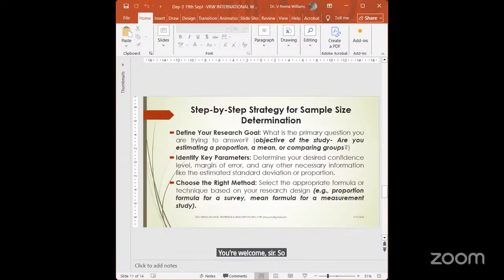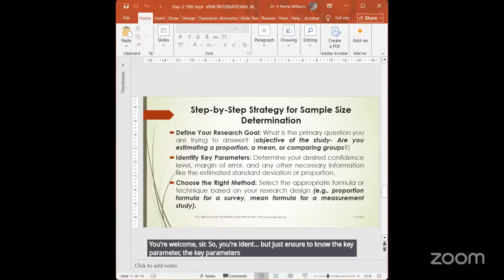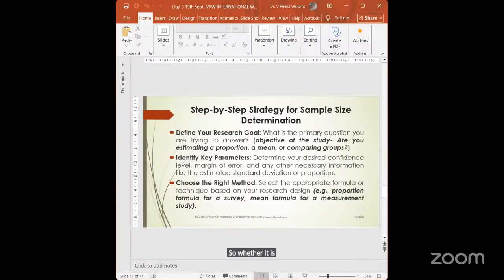But just ensure to know the key parameters. That is, at what level of confidence you would want. So whether it is 5% margin, that is 95%, or you're giving a margin of 10%, or you want it at 99%. Usually for social sciences, 95 is quite sufficient.